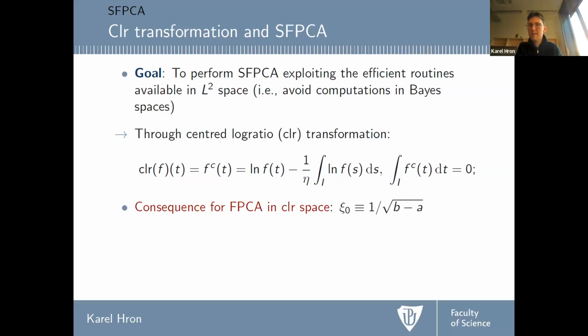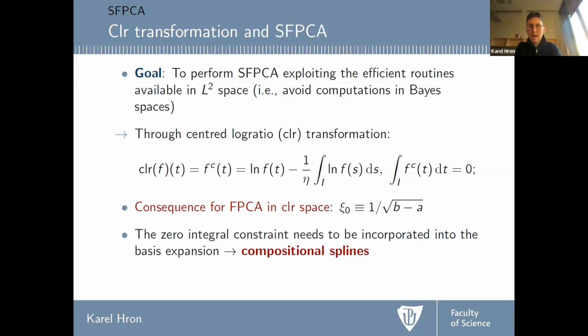Just there is one consequence of functional principal component analysis in the CLR space, that we have additionally this constant function which corresponds to this zero integral constraint. Of course, this zero integral constraint needs to be incorporated also in the basis expansion, which results in so-called compositional splines, which again I will introduce a bit later.